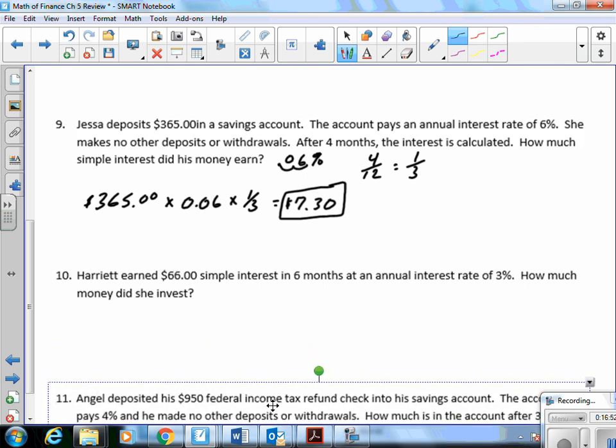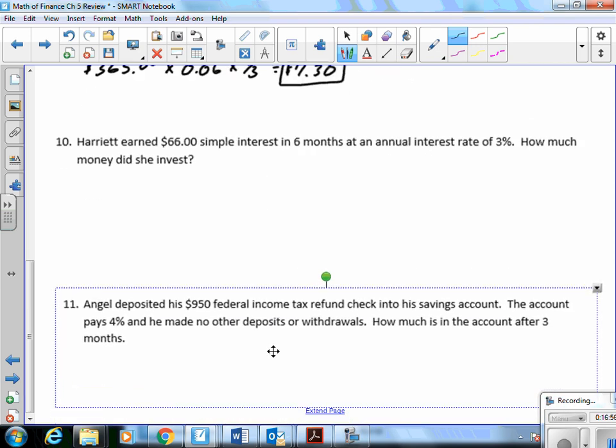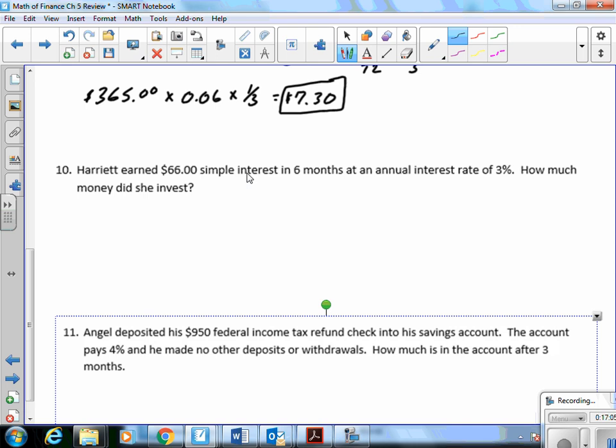All right, so number 10, Harriet earned $66 simple interest in 6 months at an annual interest rate of 3%. How much money did she invest? All right, so here we're trying to figure out what the number is that she put in there that she earned that much interest off of.